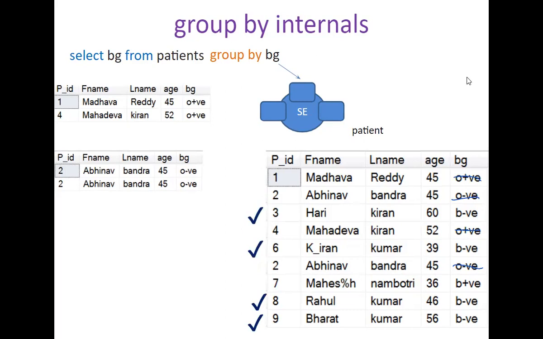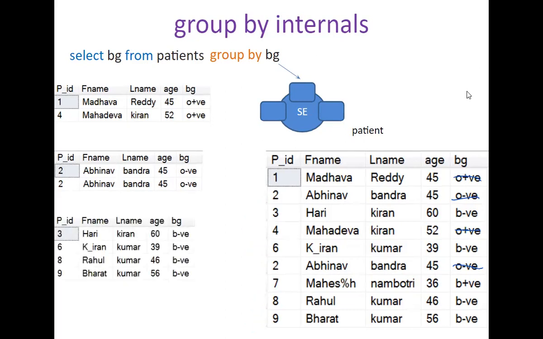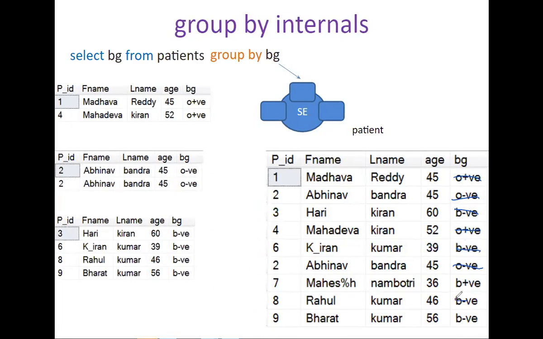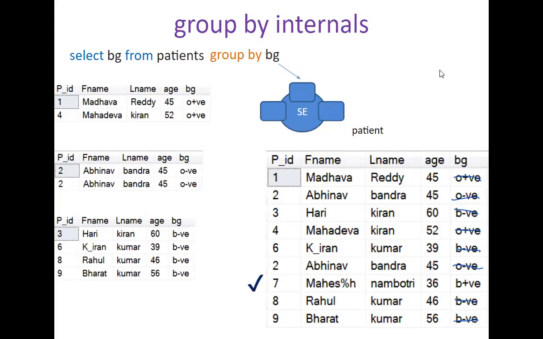So all the 4 records will be fetched and stored in intermediate result set 3. So B negative is over. Next, what do we have? We have a B positive record, only 1 record, right? So that 1 record will be fetched and stored in the intermediate result set.